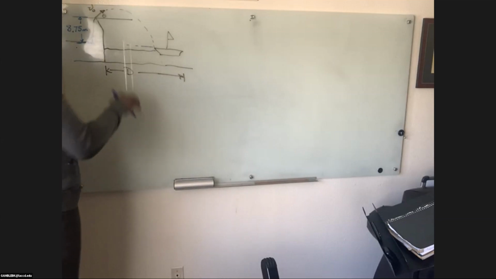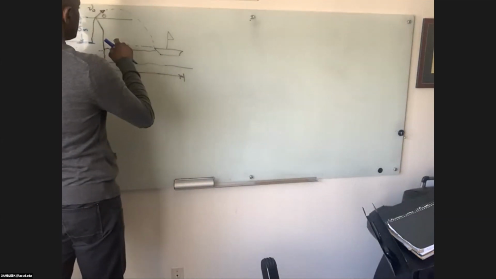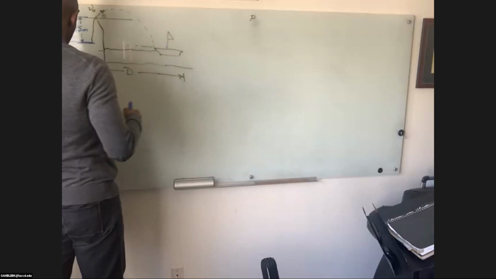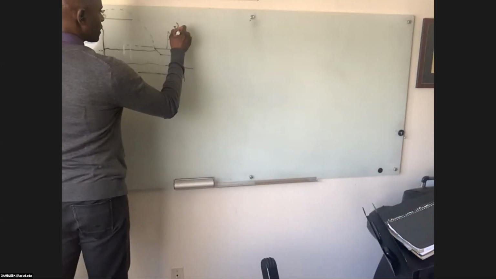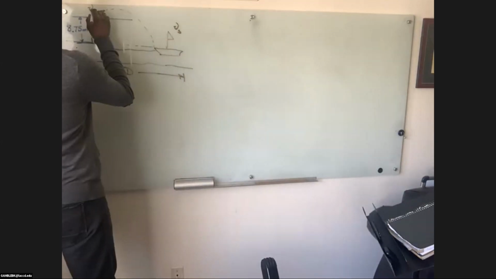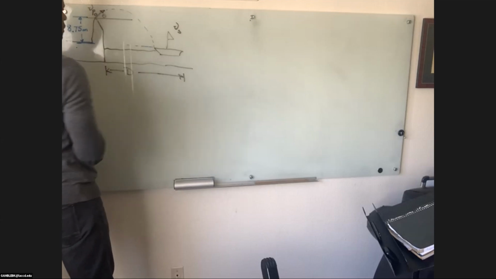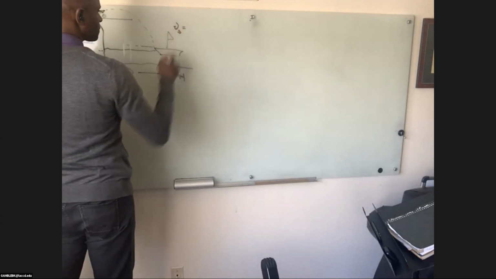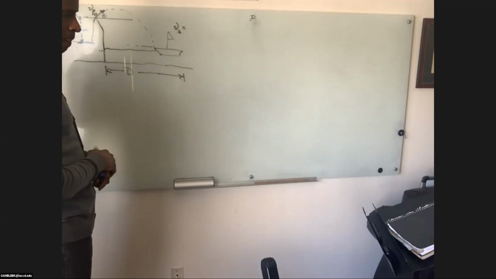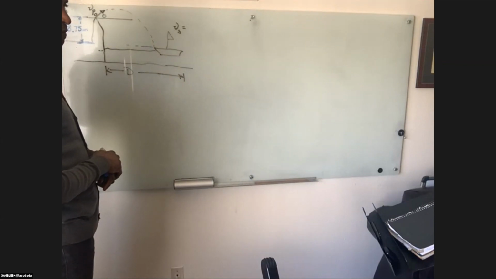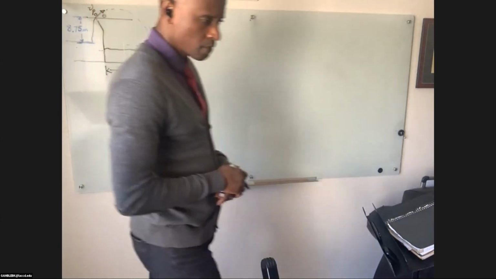So 8.75. The speed of the ship, what was it? It was something centimeters per second, I think. I called it VS, and this was the projectile, so VP naught. What was the speed of the ship? 45 centimeters per second.